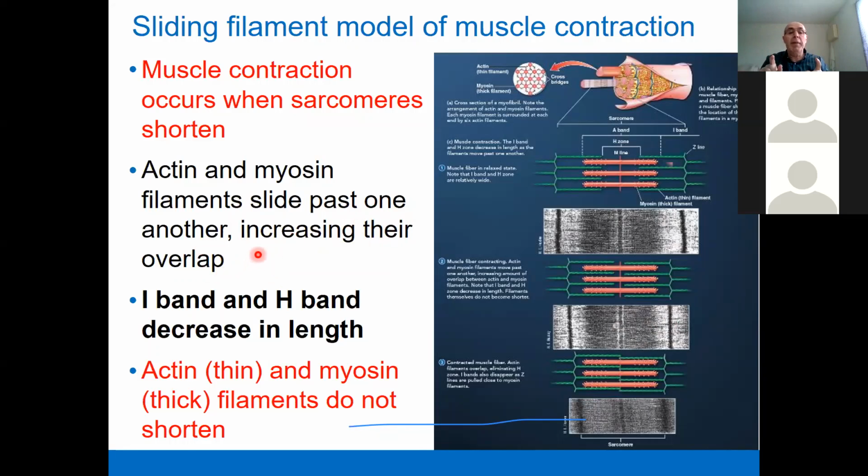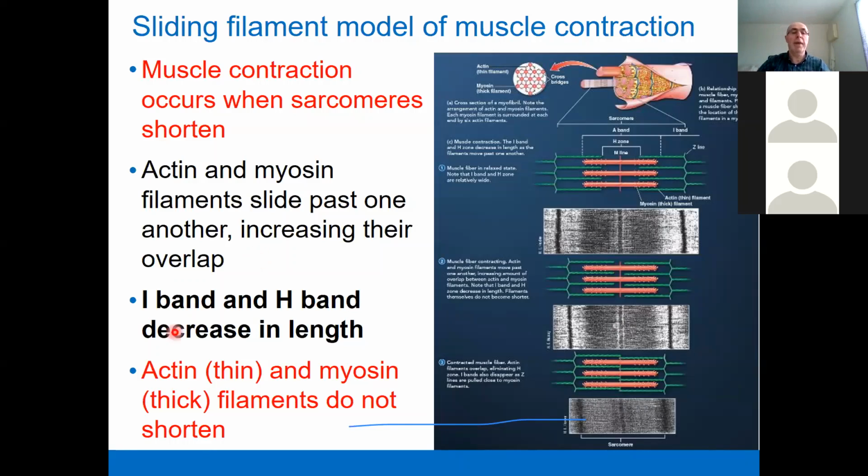Okay, keep in mind actin and myosin filaments do not shorten. They slide past one another. Okay, actin and myosin filaments slide past one another. Okay, they don't shorten, but the sarcomere unit shortens.